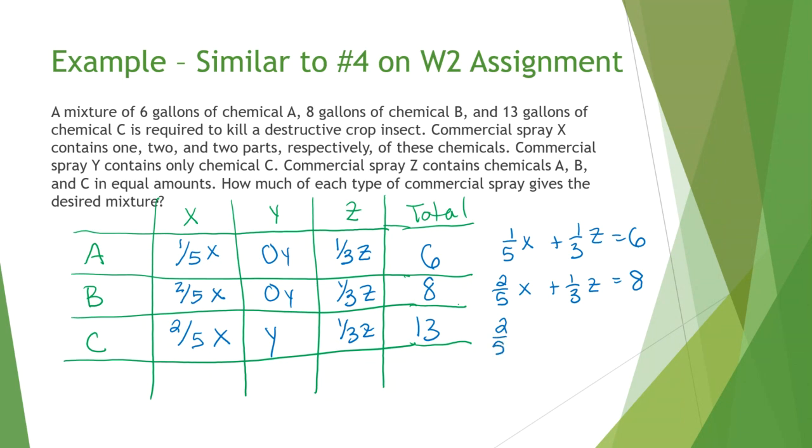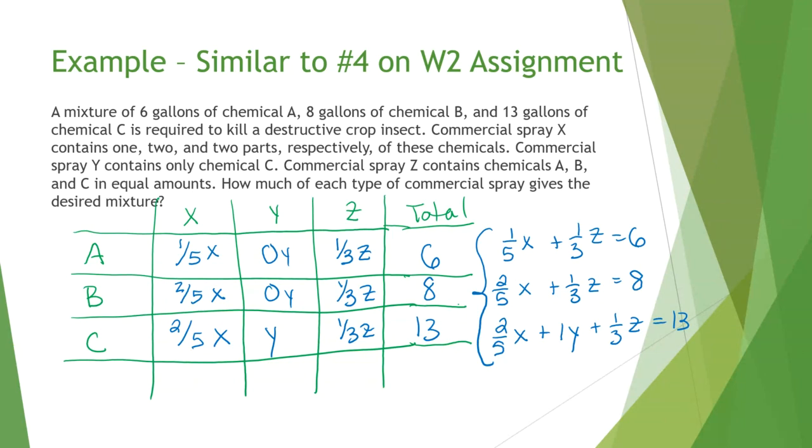Then we have 2/5 of chemical C comes from X, a whole part comes from Y, and 1/3 comes from Z, and that gives us 13. And that will give us your 3 equations. And when you solve for X, Y, and Z, those are going to tell you the number of gallons you need of each commercial spray in order to get the right chemical balance that you want.